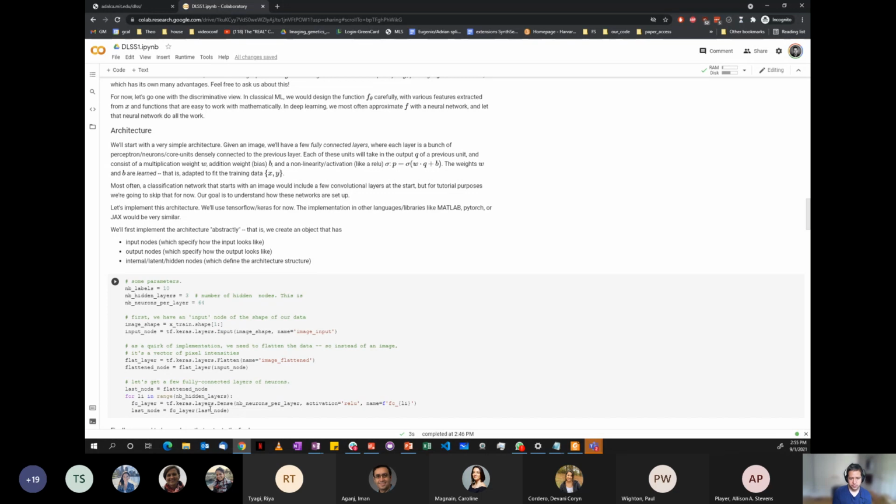Okay. In general, an abstract idea here is you first build the architecture and then you give it data. So when you build the architecture, it's somewhat abstract. It's an entity that knows how much data is coming in, how much data is going out, and all the details of how it looks, but it doesn't see any data at the beginning.